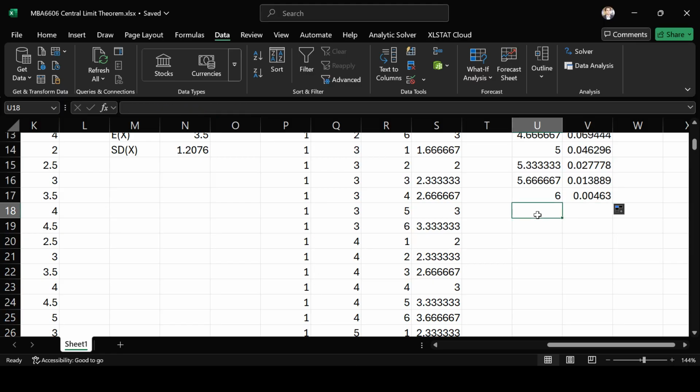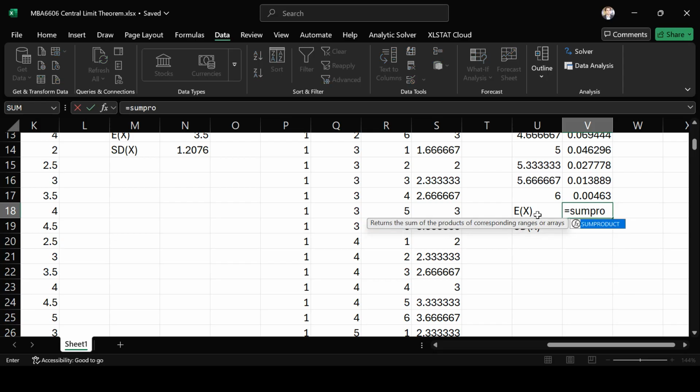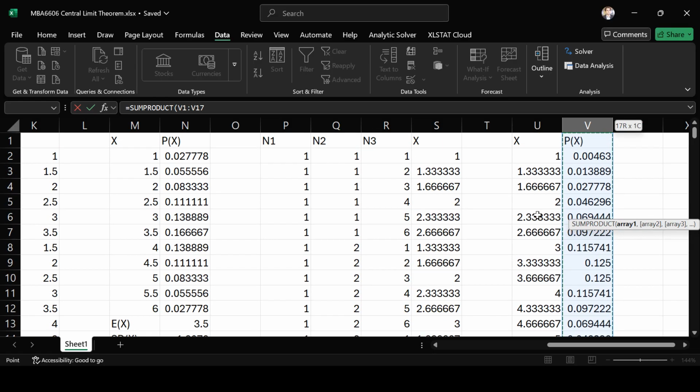And let us calculate the expected value of x and the standard deviation of x. Sum product.